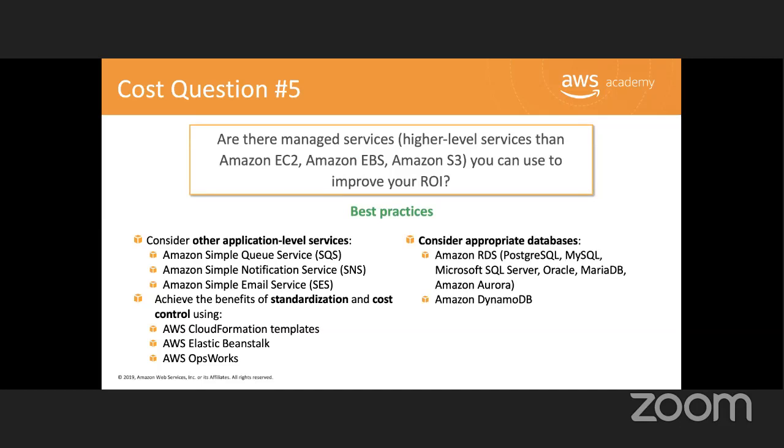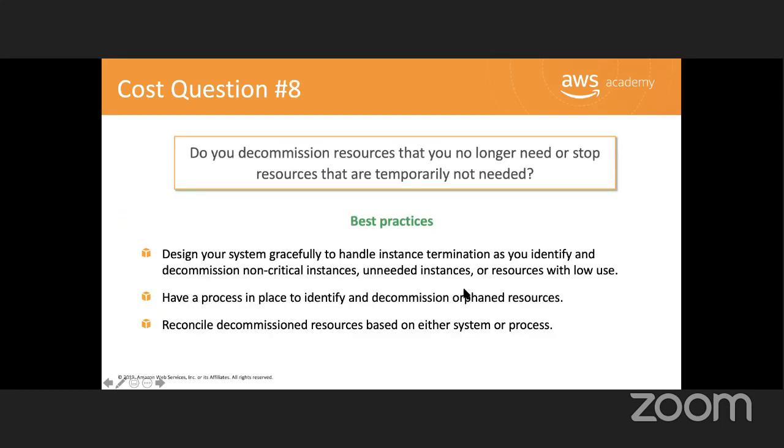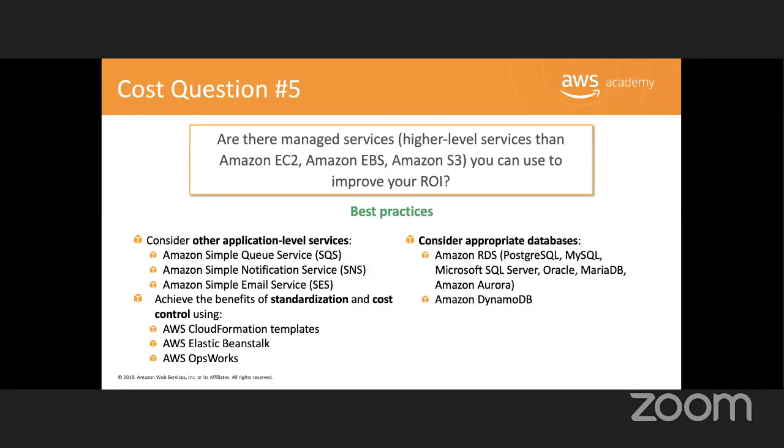Other managed services, higher-level services than Amazon EC2, Amazon EBS, and Amazon S3, you can use to improve your return on investment. Consider other applications, services like Amazon Simple Queue Service (SQS), Amazon Simple Notification Service (SNS), Amazon Simple Email Service (SES).